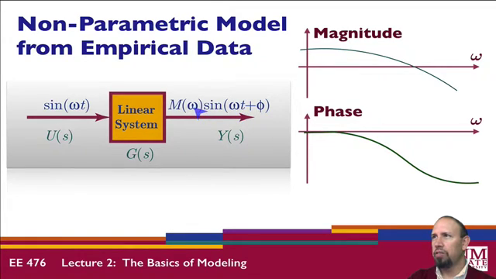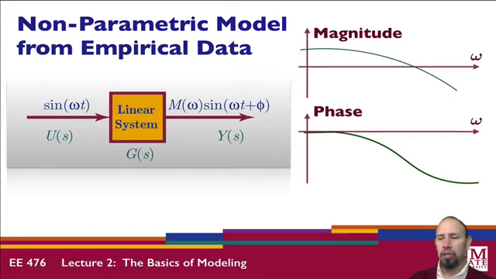Notice that the magnitude here is a function of the frequency. The phase is also a function of the frequency, and we can plot, for example, the magnitude versus frequency and the phase versus frequency, and this combination of plots actually gives us the Bode plot for the transfer function of the system.